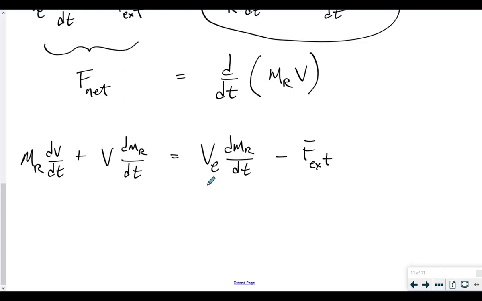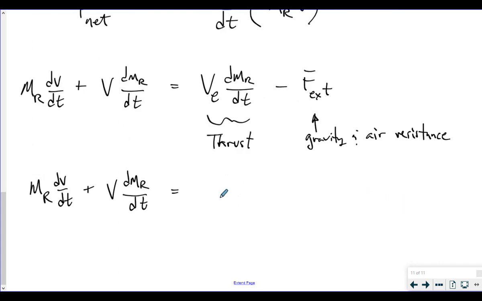This term right here is going to correspond to the thrust of the rocket. And this will be where we'll find gravity and air resistance. So we can call this thrust R.